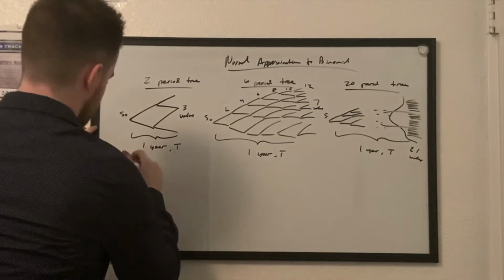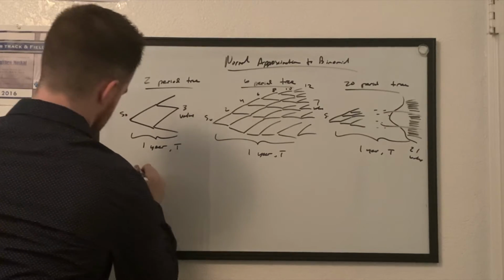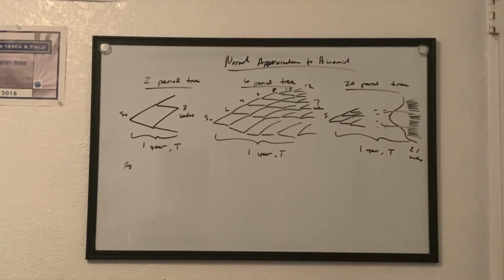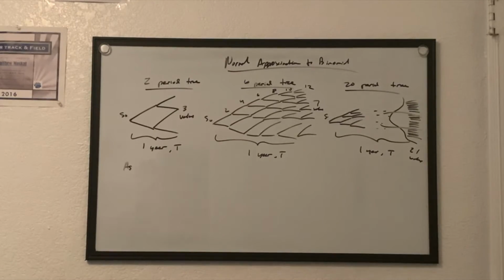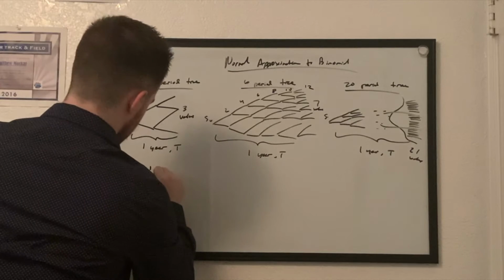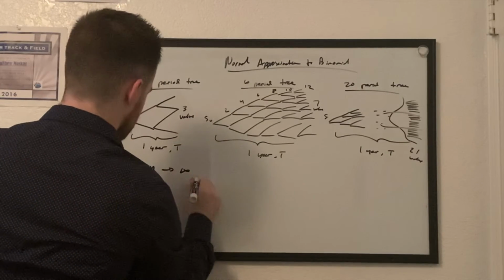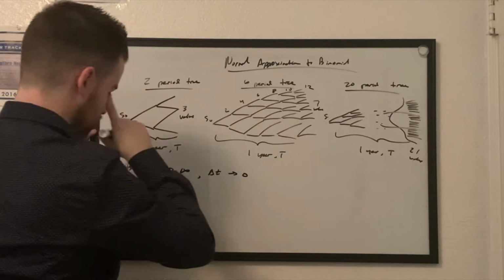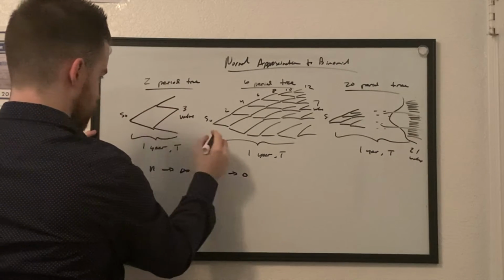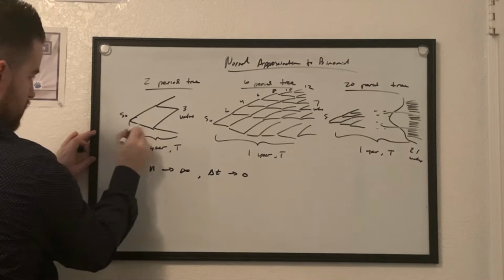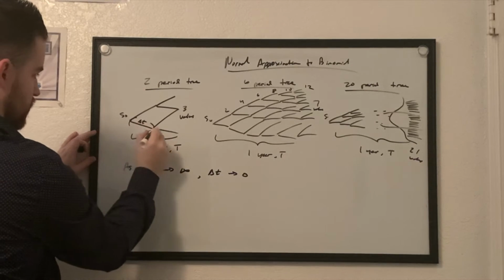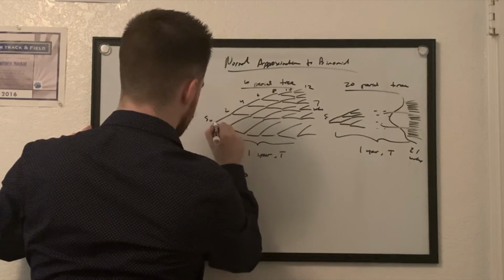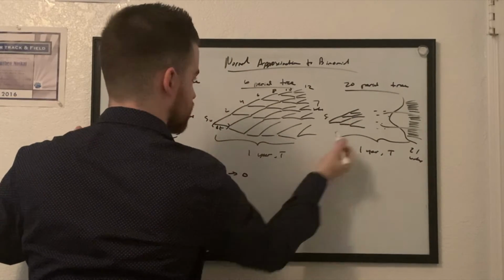So pretty much what I'm saying is, as n goes to infinity, the change in time goes to 0, where this part is change in t, this part is change in t, this part is change in t, and so on.